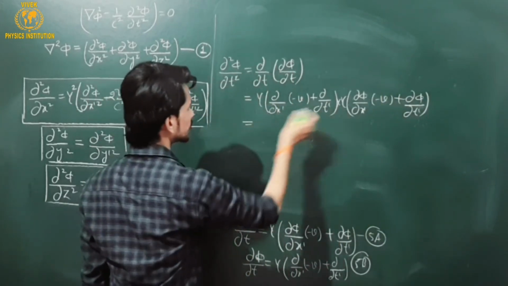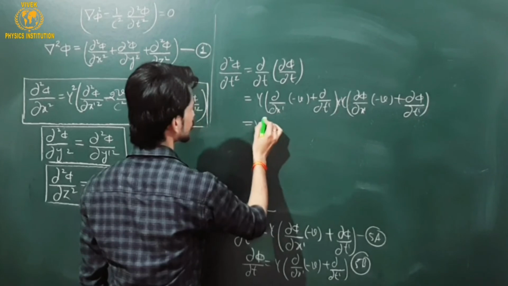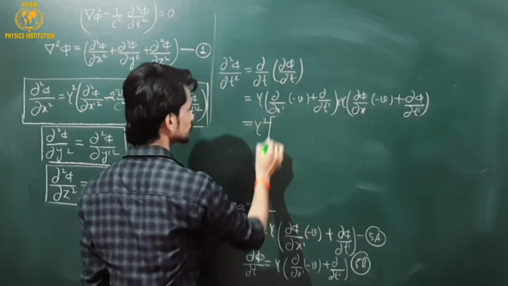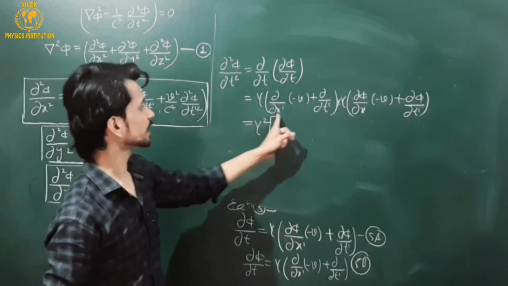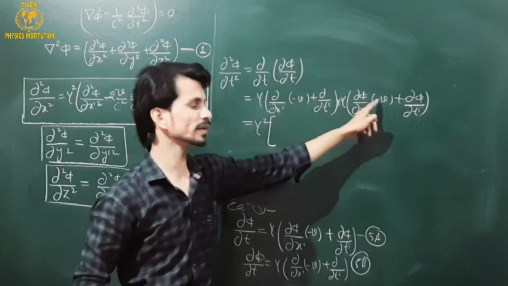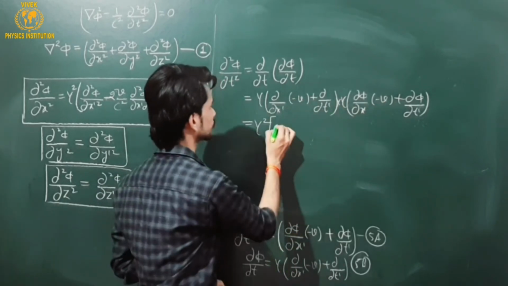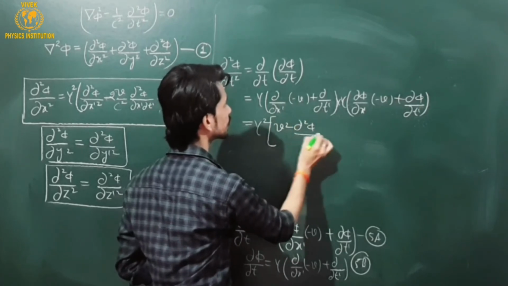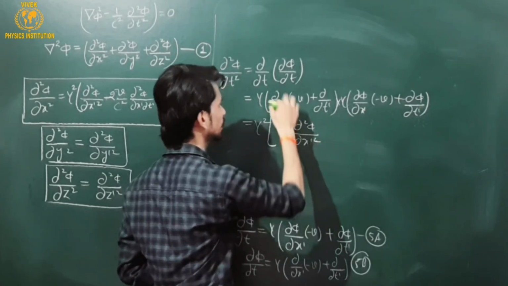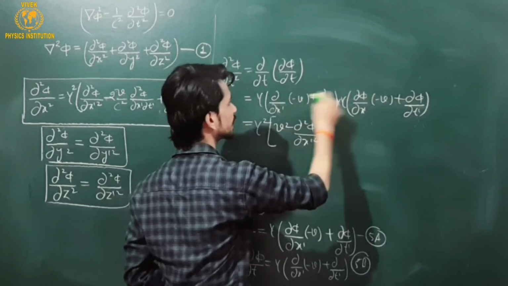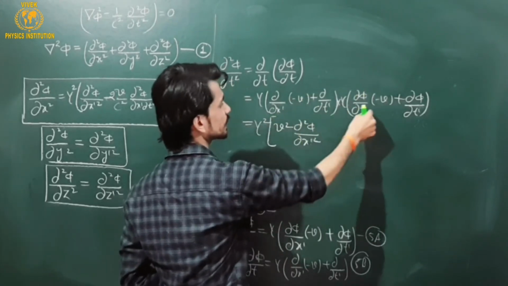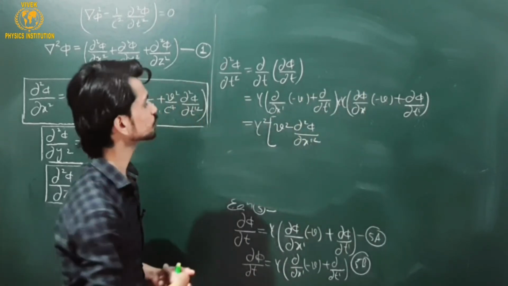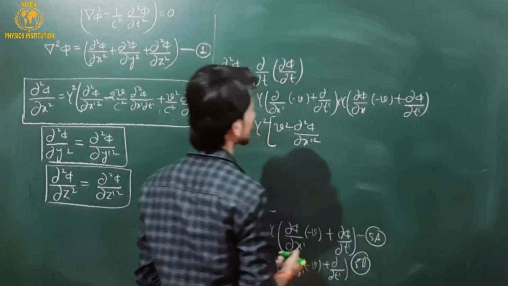Let me concise these two equations. This is gamma into gamma square, and when I multiply this factor with this factor I will get plus v square del square phi over del x dash square, because this will be operated on this.